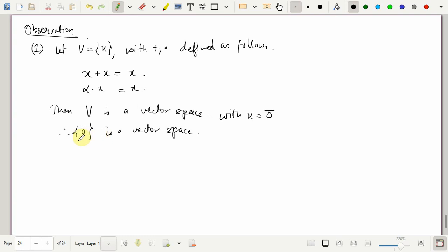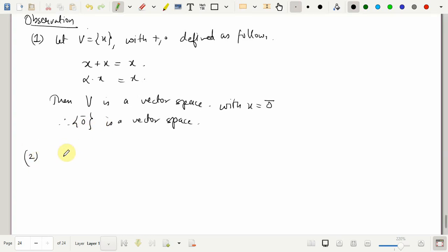So we have the next observation: for any given vector space V, just observe this V will always contain a zero element. So the set containing only the zero element will always be a vector subspace of this V. And V itself will also form a vector subspace of itself.